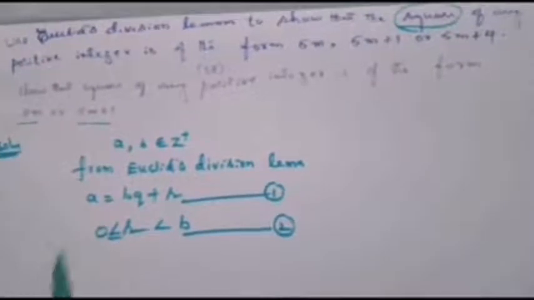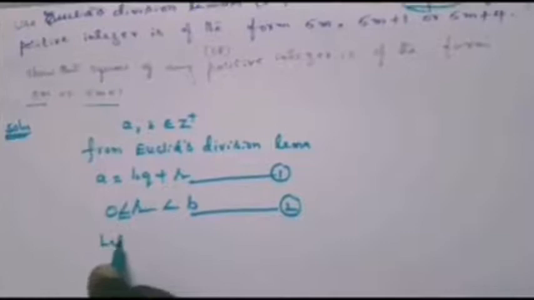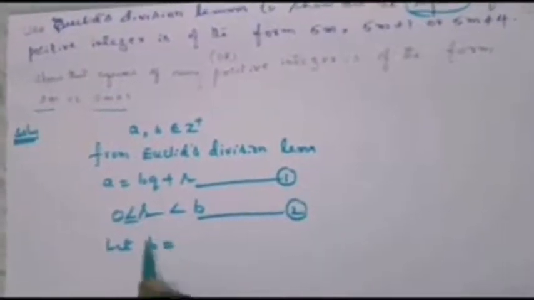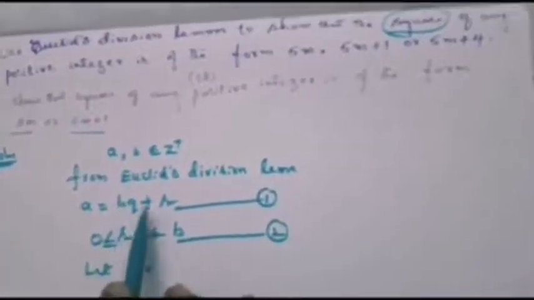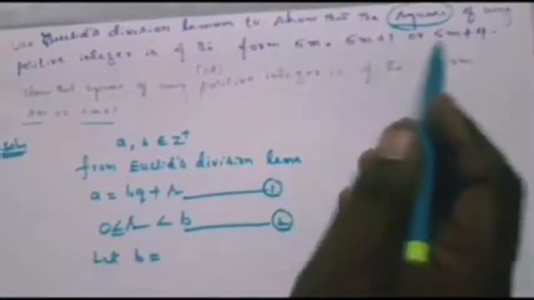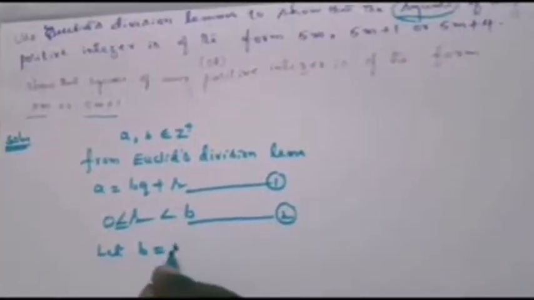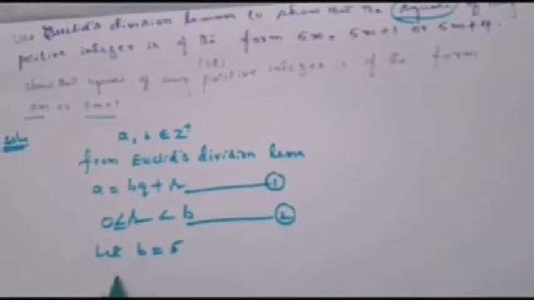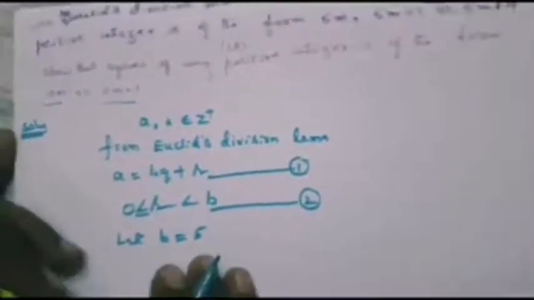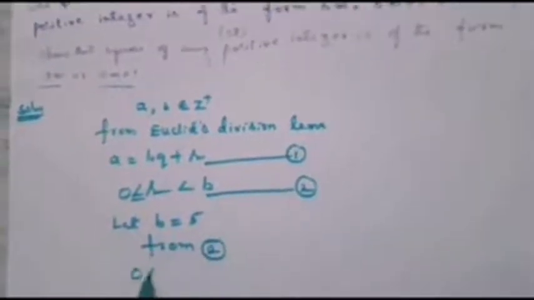Okay, children. So let b equals... compare bq plus r with 5m plus 1, 5m plus 4. What is the b value here? So b equals, I can take 5. Let us assume b equals 5. So from equation number 2, I can write 0 less than or equal to r, which is less than 5.